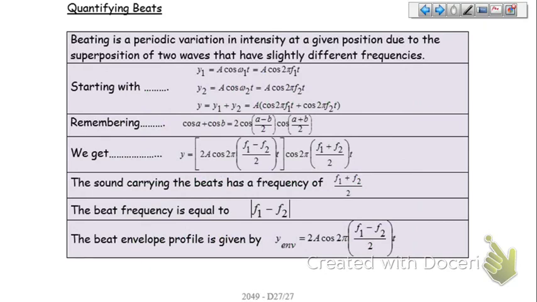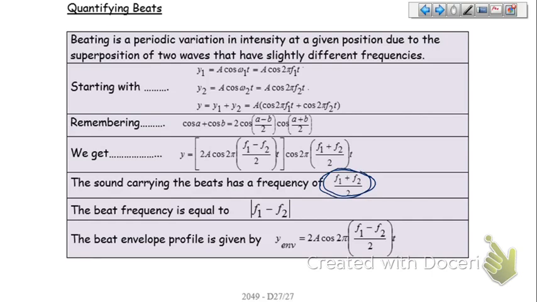There's the math. Basically, you have two slightly different frequencies, and you end up with this pattern. What we end up with is that the carrier frequency, the sound that you hear, is the average of the two frequencies.